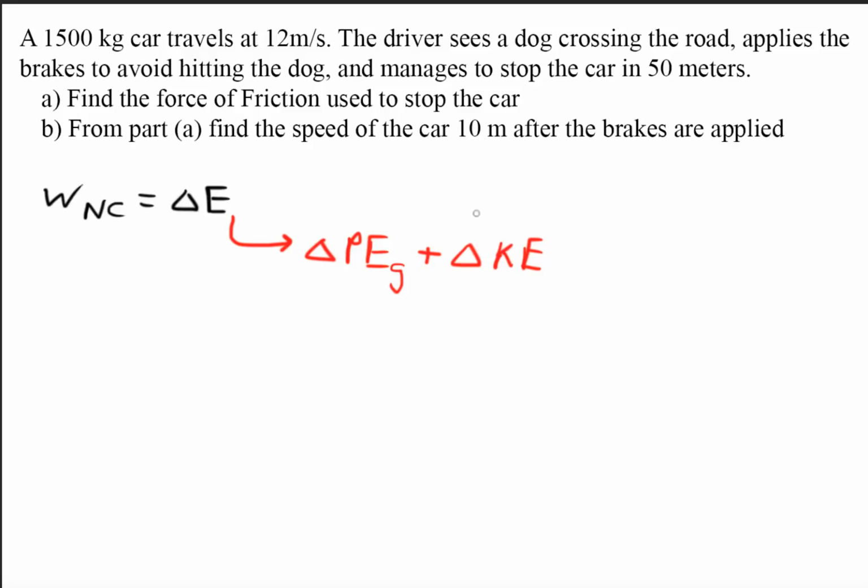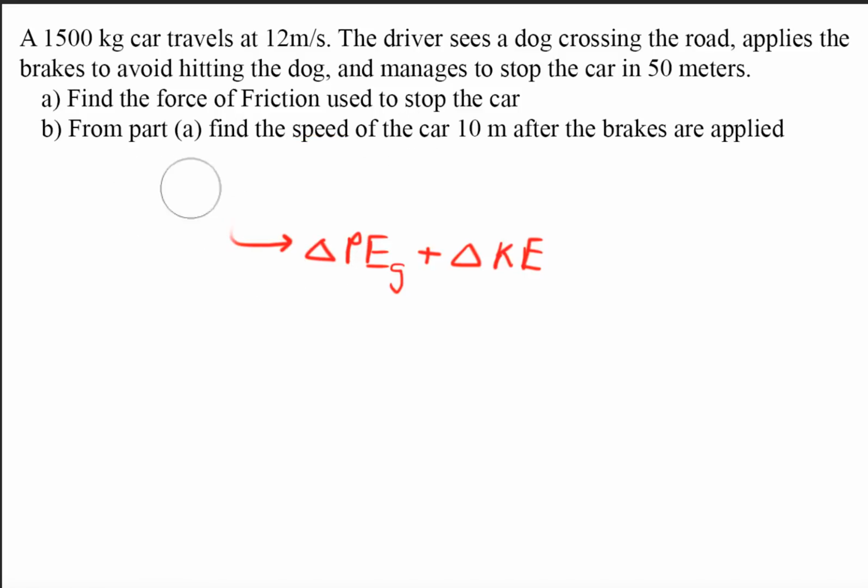Delta E changes for every type of system. You could have heat, or other forces acting on it and other changes of energy involved. But in this case, we're only interested in the change of potential energy as well as the change in kinetic energy. And this allows me to solve for the speed variable that we're after.